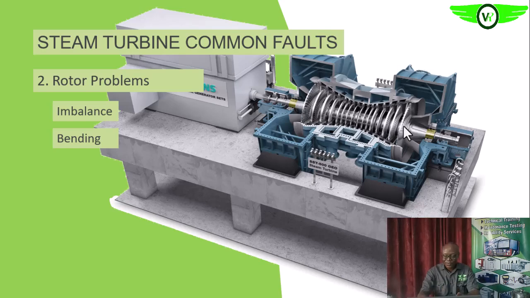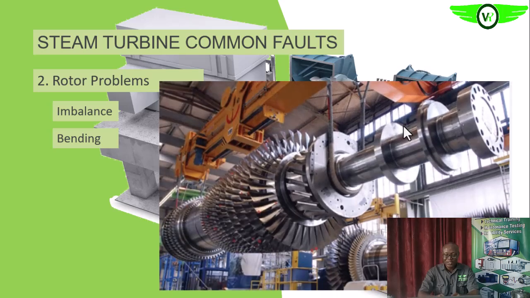Once the rotor is bent or bowed, it also shows up as increased vibration. It can cause rubbing of the rotor on the stator, damage to the bearings, and damage to the seal.